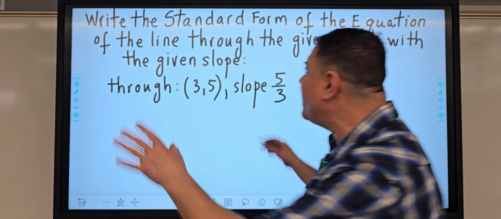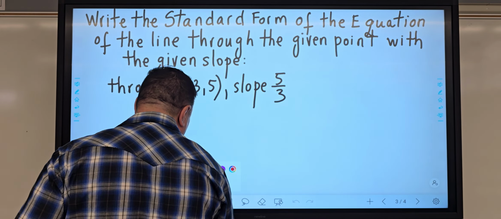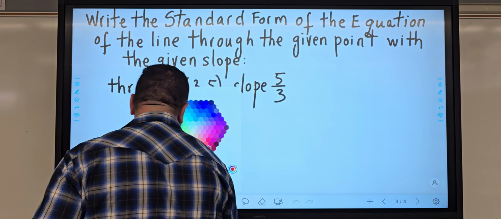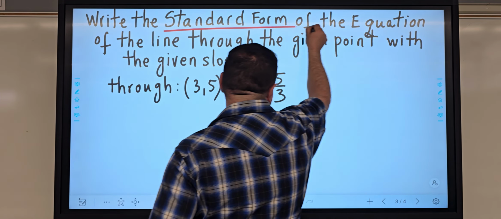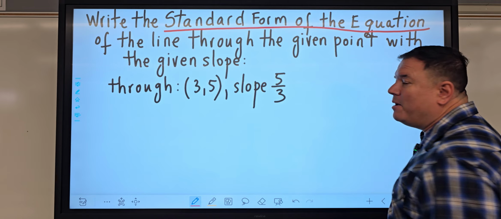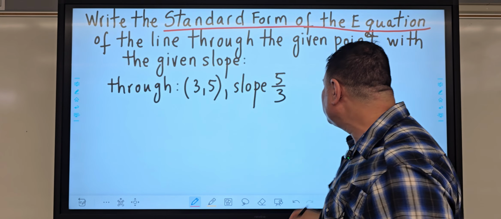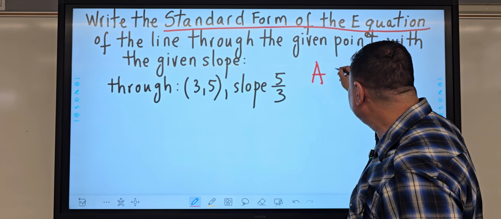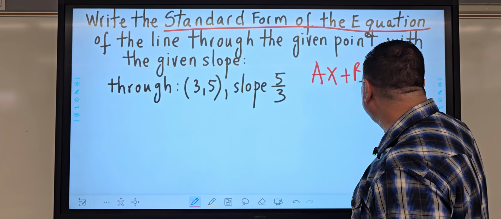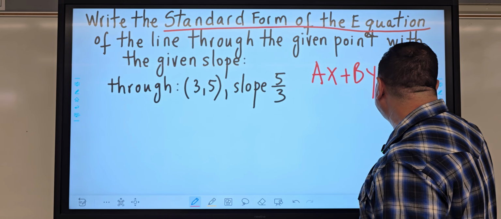In this example, we have to write the standard form of the equation. And please remember, the standard form was ax plus by equals c.